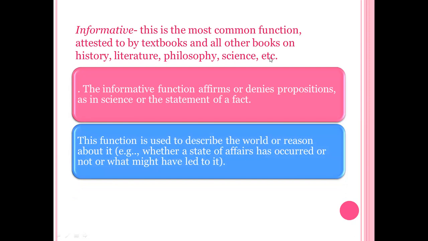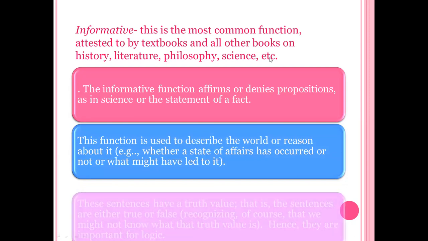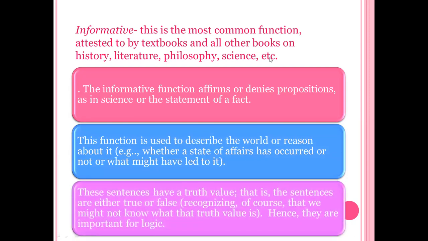Examples are whether a state of affairs has occurred or not, or what might have led to it. Also, these sentences have a truth value. That is, the sentences are either true or false, recognizing, of course, that we might not know what the truth value is. Hence, they are important for logic.